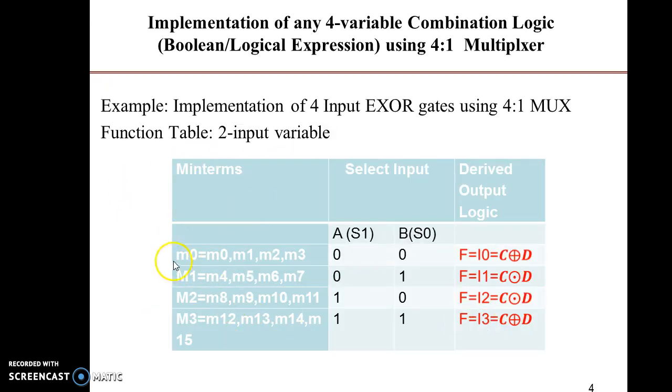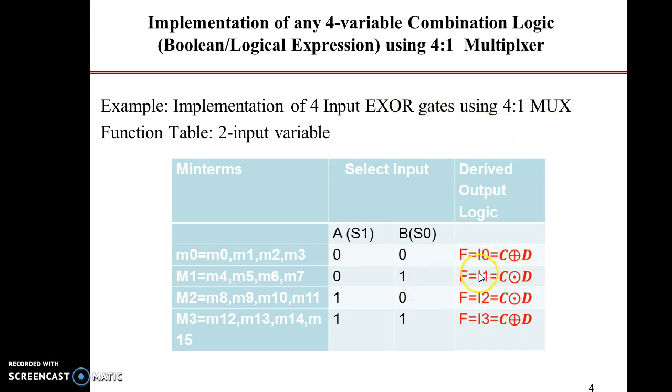So in this way, by compressing the min terms 0, 1, 2, 3, I can generate the min terms. Compressing min terms 4, 5, 6, 7, I can generate other min terms, and I am able to implement a 4 input variable function using a 4:1 multiplexer.